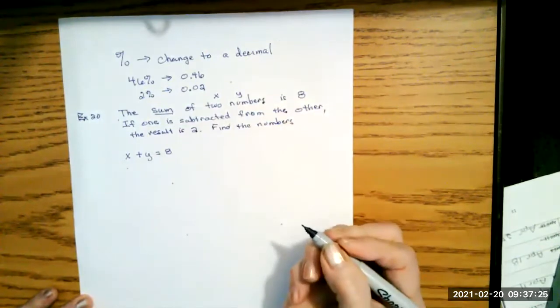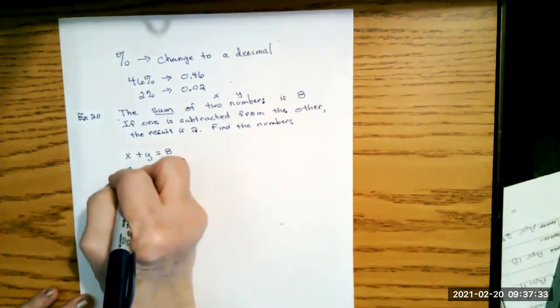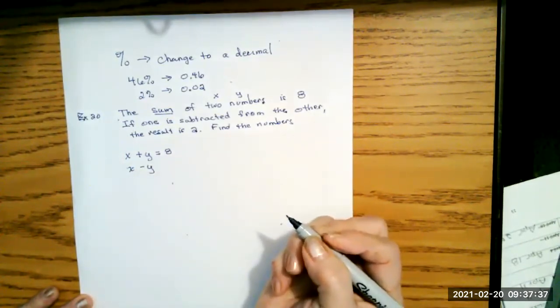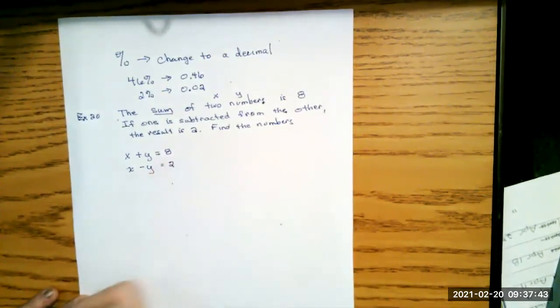All right, so our second sentence here will give us our second equation. If 1 is subtracted from the other, and it really won't matter which way you do it, you're going to just subtract one from the other. So our numbers were x and y, and we're going to subtract. The result is 2. Now, I'm using the process of eliminating a variable.